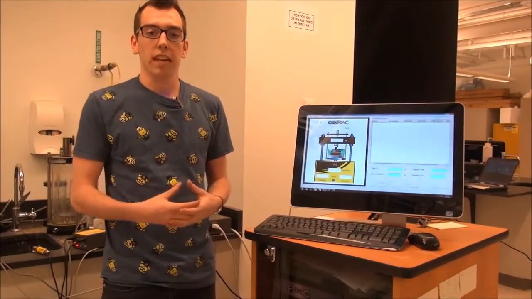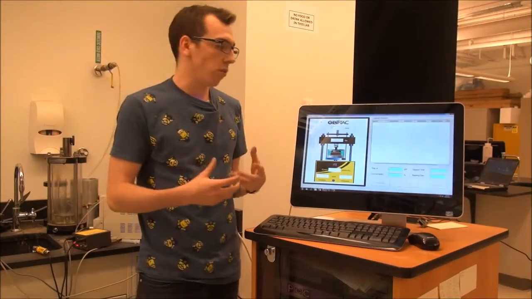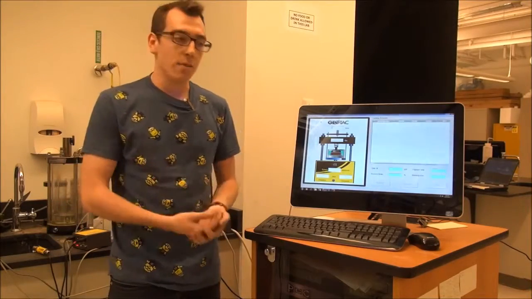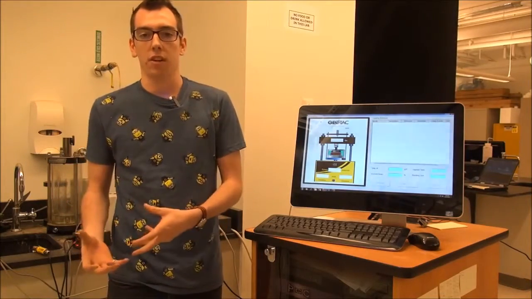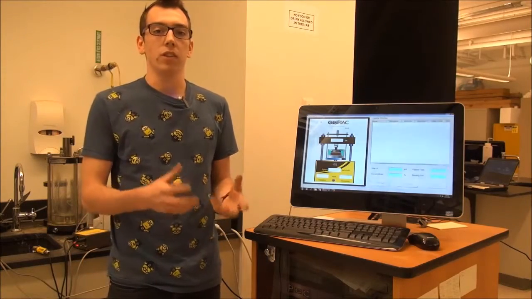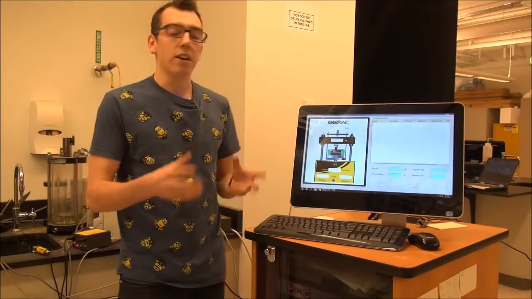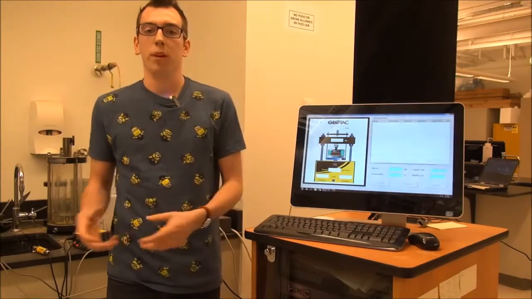All of these things put together allow us to perform analysis that give us the parameters for the time of consolidation and the magnitude of consolidation under certain loadings that a soil will demonstrate. And that allows us to predict how a soil will behave in the field.